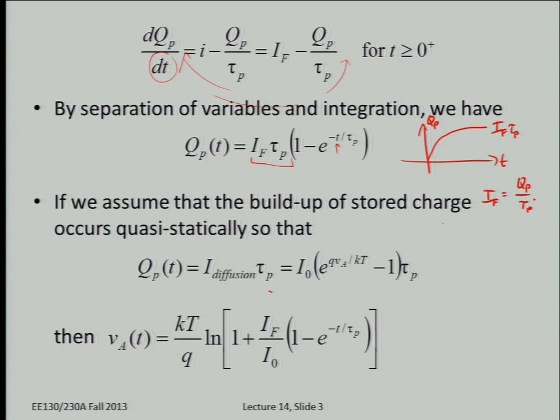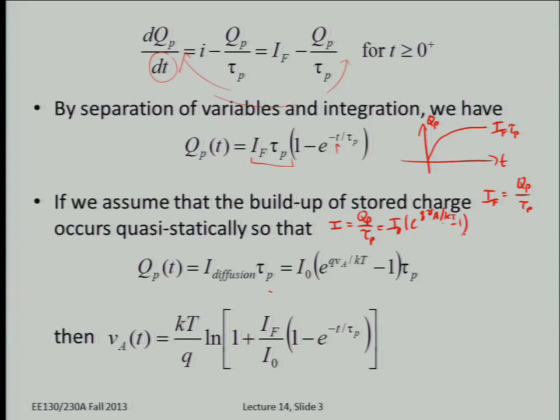So basically, when I say that storage charge occurs quasi-statically, what does that mean? It means that I, as I wrote over here, is Q_P over tau_P at all times, and so that's I_0 (e^(qV_A/kT) - 1).